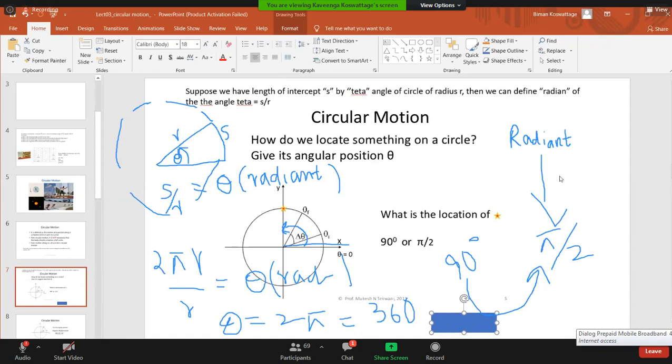This is where you can define this particular angle. Okay, so hope it is clear now.